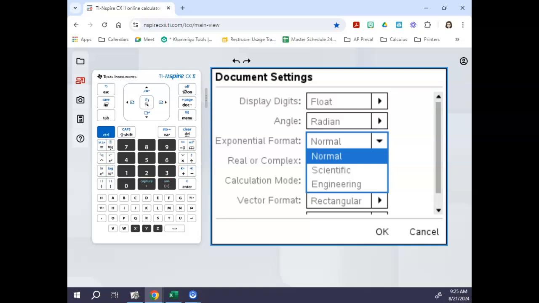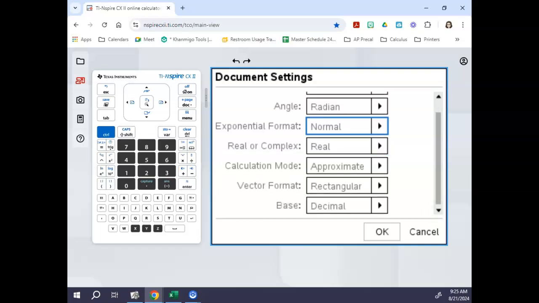Exponential format, normal. Real or complex, we want it to be real. Your calculation mode should be approximate. And I think the rest is fine. Vector and decimal, yeah.